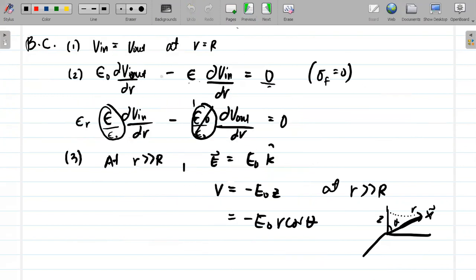So, here is the correct boundary condition: epsilon and epsilon naught, but we divide by epsilon naught on both sides to get epsilon r. Is that clear enough? Okay. Yeah, clear. I just wanted to clear that. Thank you, sir. Okay, I got lost too.